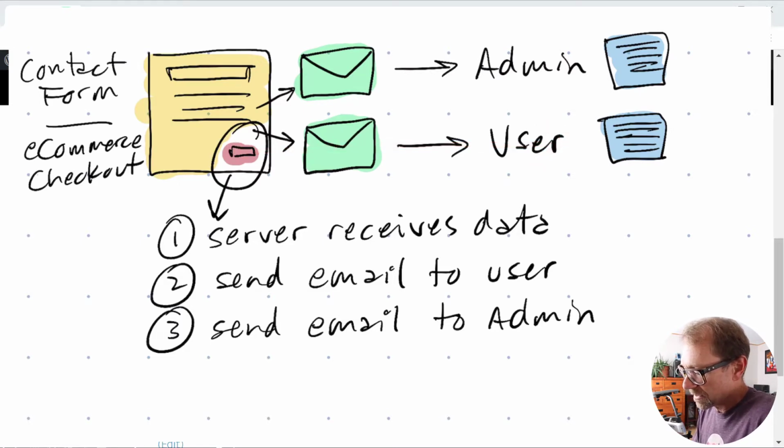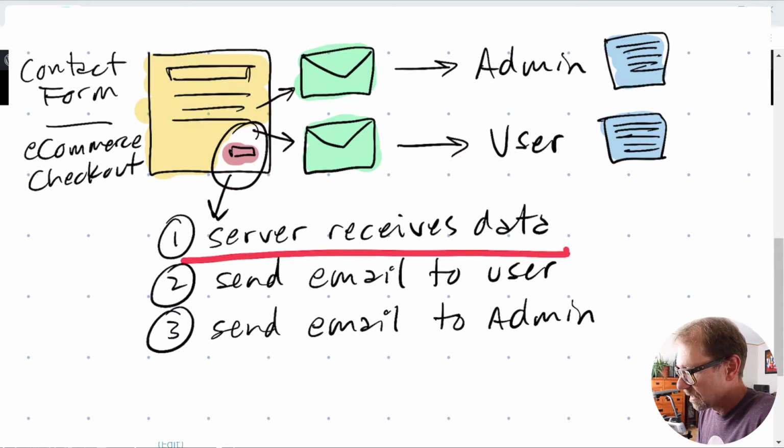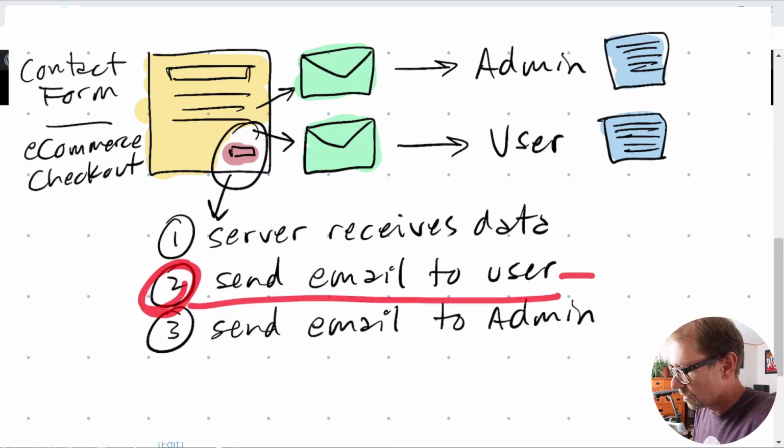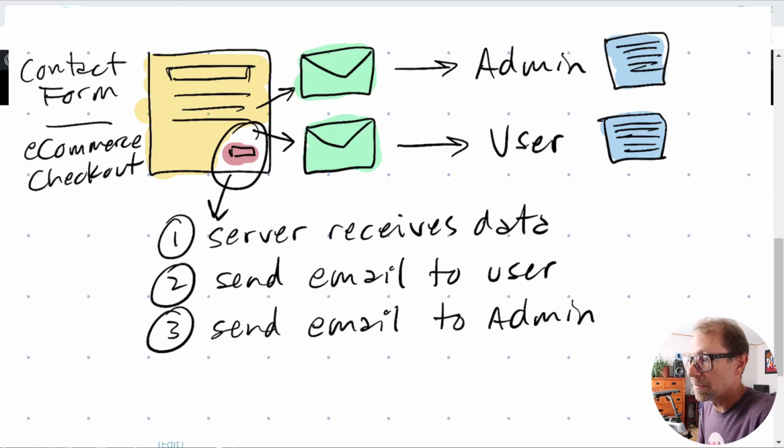So what happens is that first the server receives the data. It receives the act that the submit button was hit. The server receives the data, and then whatever form plugin you have and your outgoing transactional email provider does step number 2. So that sends an email to the user to say, hey, you submitted this stuff, and here's a copy of what you submitted.